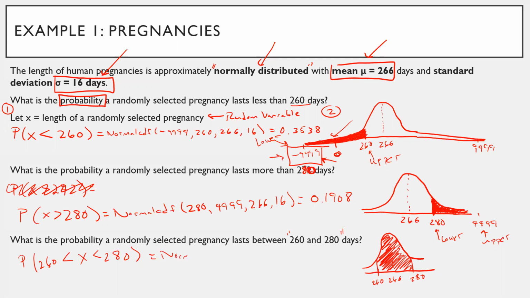You're always going to use the normal CDF command. When you want to find something between, the lower is where you start, so I'm starting at 260, and the upper is where you're ending. I want to stop finding the area at 280. The mean is still 266, and the standard deviation is still 16.